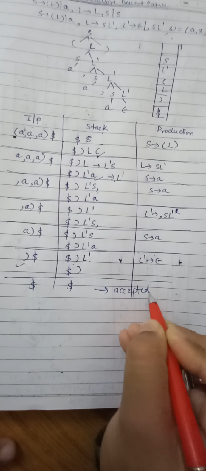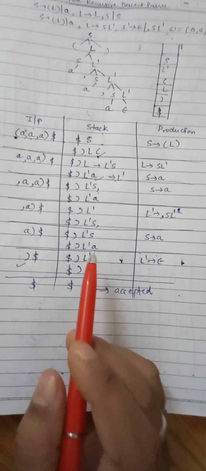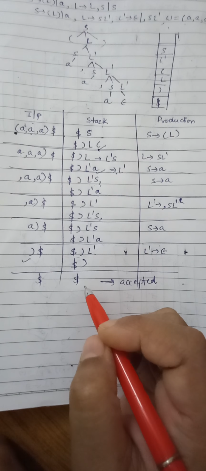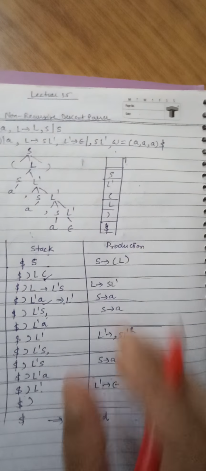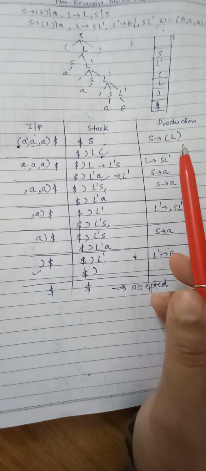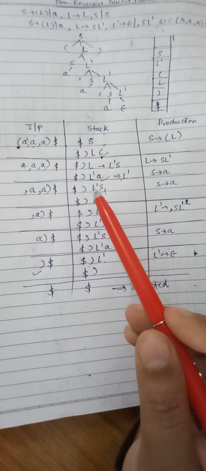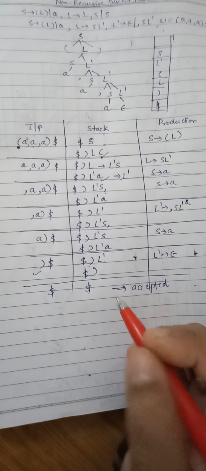We reached the end, it means it is accepted. We reach the end of the stack, or we can say the starting of the stack, it means this string is accepted. And in this way we work in the stack. And how does the stack work? Every time it is taking a production and putting the value, and then whatever it is getting, like that it is accepting the string.